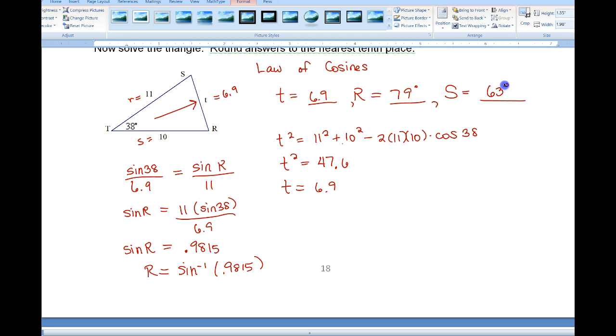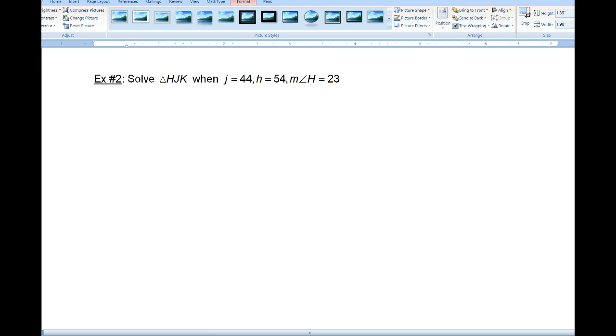Good? I'm not too picky about the approximation. If you want to just put equals, I wouldn't take off on it.